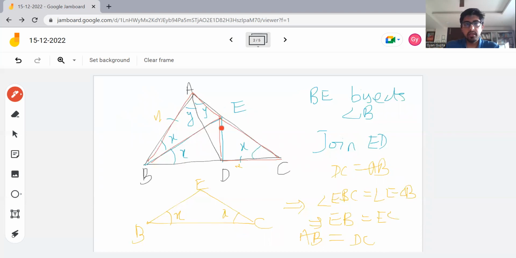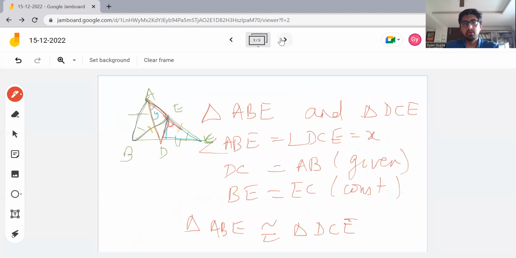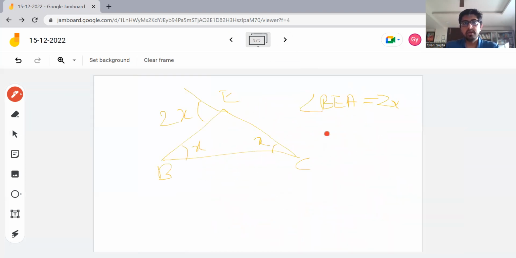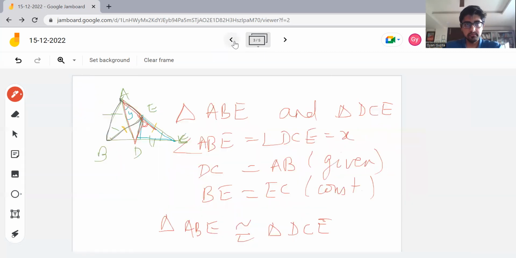Similarly, for triangle AED, angle DEC is the exterior angle. Here we got angle DEC is 2y, and here we got angle BEA is 2x. With me so far?